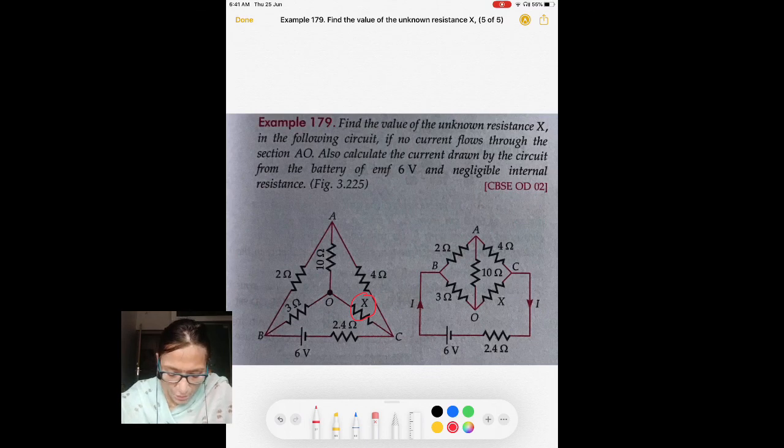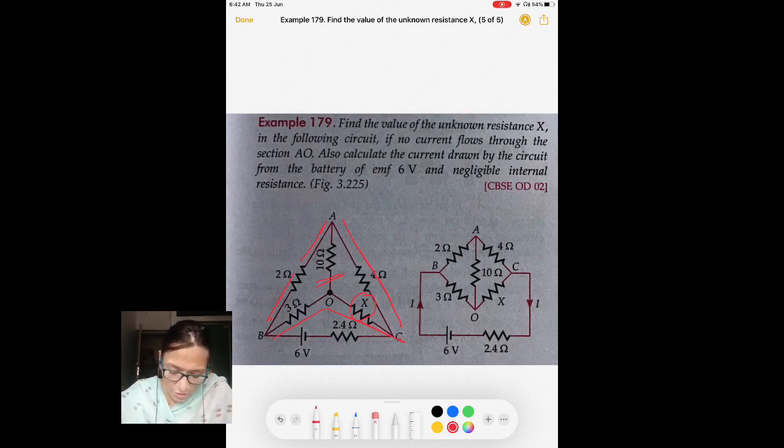So when you open the circuit, this is your Wheatstone bridge. It is forming a rectangle. You can see this is forming a rectangle. And if no current is flowing through this middle arm, it means it is a balanced Wheatstone bridge.